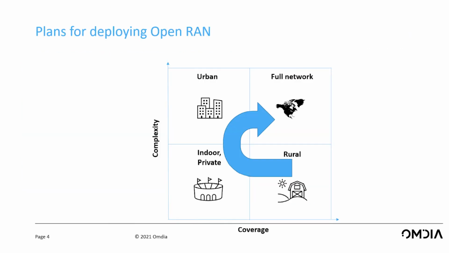So what operators and those vendor partners are doing is trialing in some of these less complex scenarios, such as rurals or private enterprises or venues.